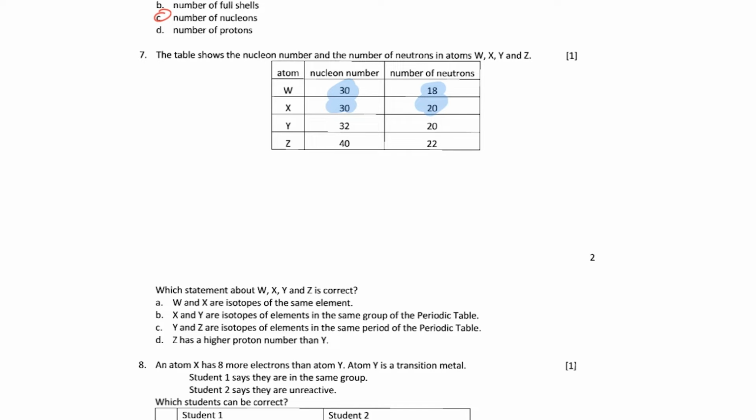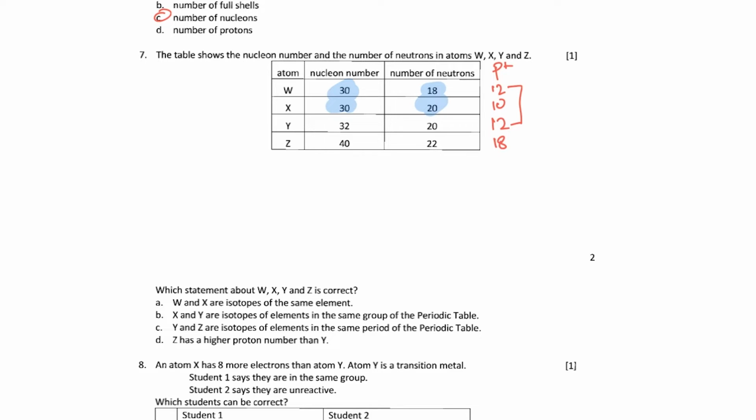So if I identify the protons, this would be 30 minus 18, which is 12, and this will be 30 minus 20, which is 10. This one would also be 12, and this would be 18. Now, these two have the same number of protons. I'm showing that as P positive, which shows that W and Y are the same element.